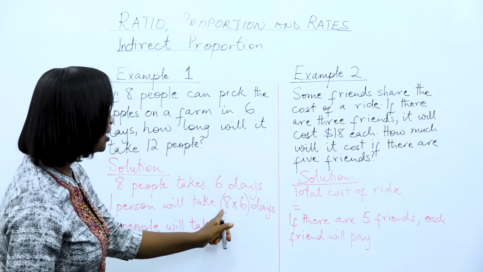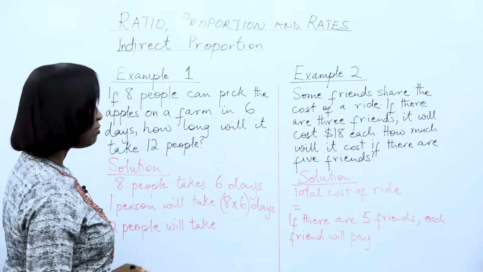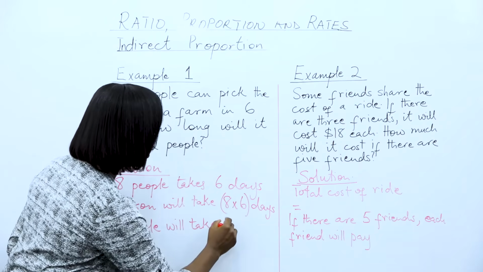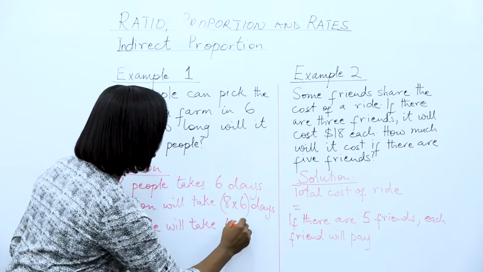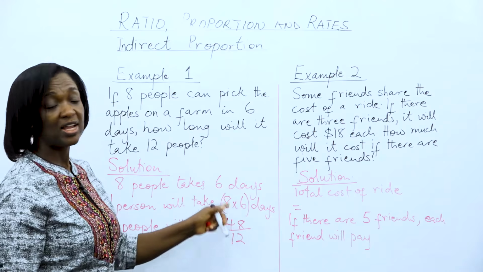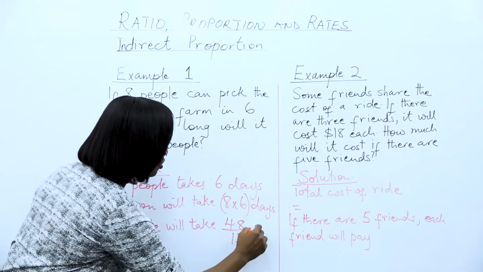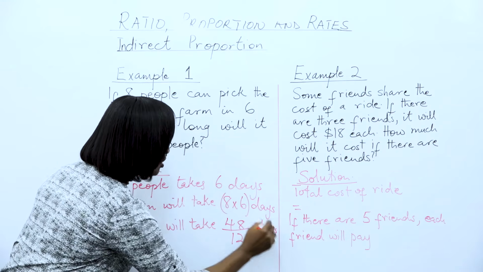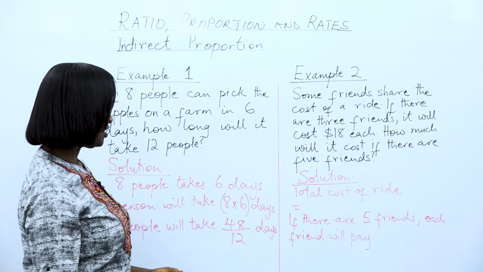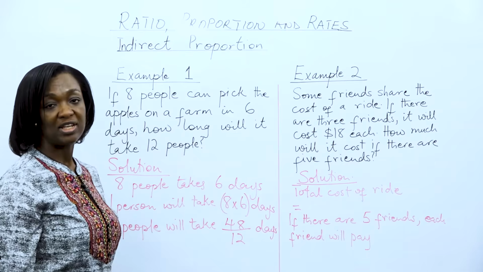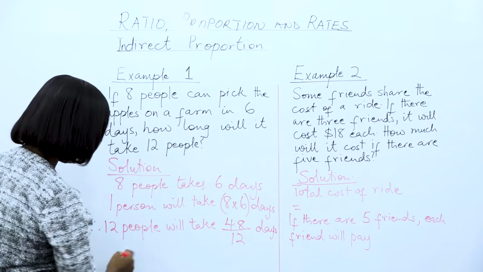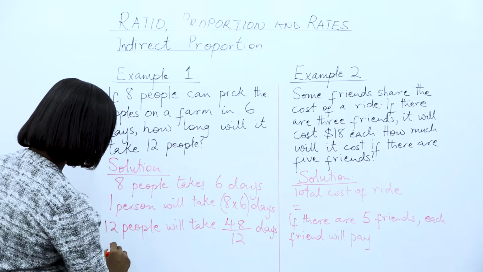So you divide 8 times 6 by 12. So that will be 12 people will take 48 over 12 because 8 times 6 is 48. So 12 people will take 48 divided by 12 days. And 48 divided by 12 is equal to 4. So 12 people will take 4 days.